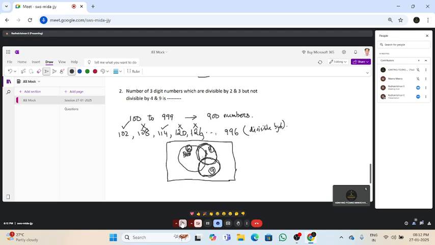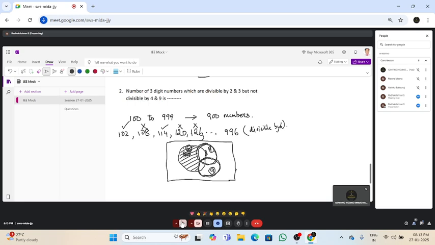At the same time, it has to be inside 6. So this area is what we want. Now you can try to write the numbers in each of these spaces. Then we can use set theory and Venn diagram formulas to determine this area.